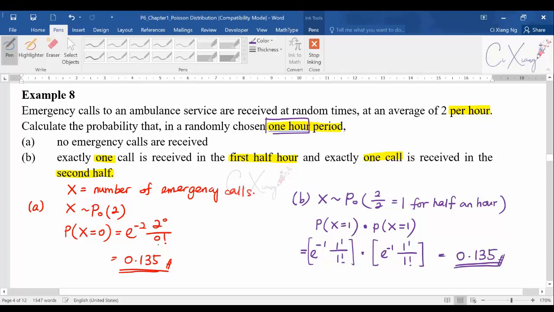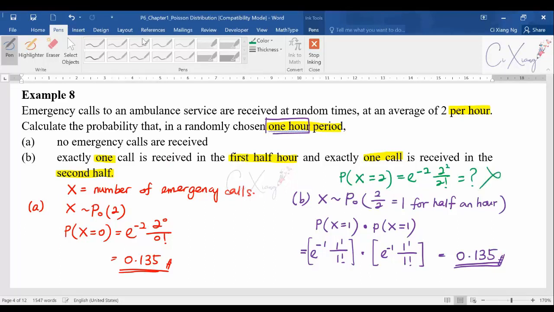Although these two answers are the same for part A and B, generally the steps are different. For part A, when they say no emergency call is received, it means that in this 1 hour there's no call. But for part B, you cannot write something like this. Some students will tell me, in total they receive 2 calls, right? So can I find the probability for X equals 2? And then I have e^(-λ) λ^2 divided by 2 factorial. Is this step correct? It is wrong.